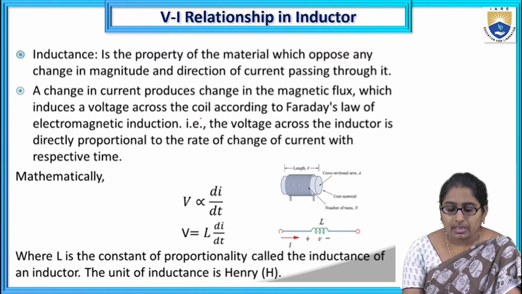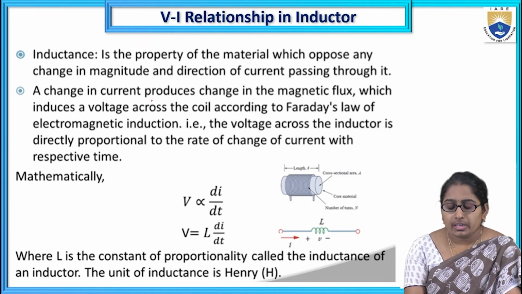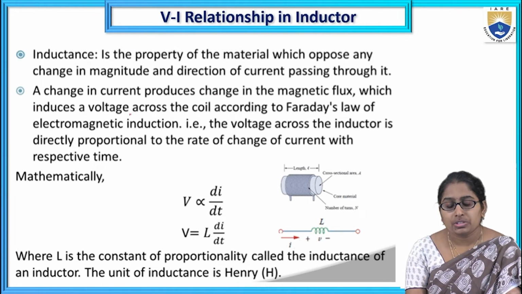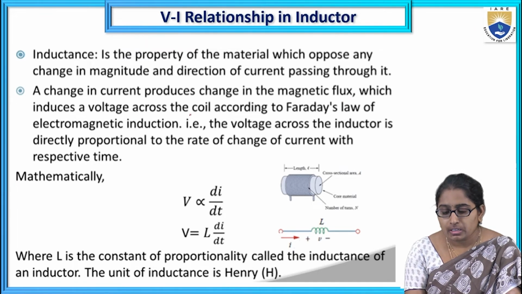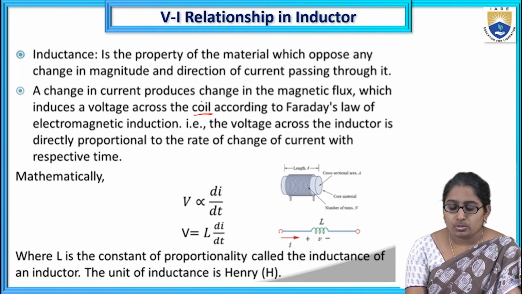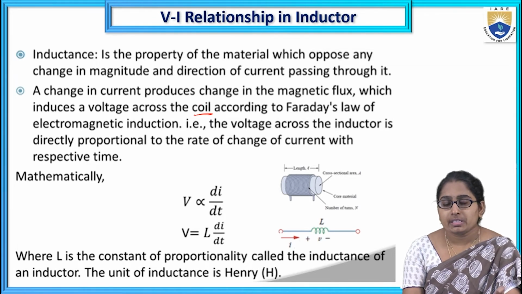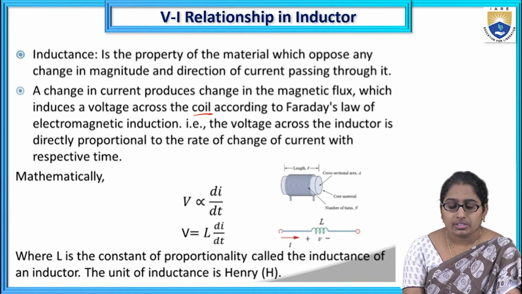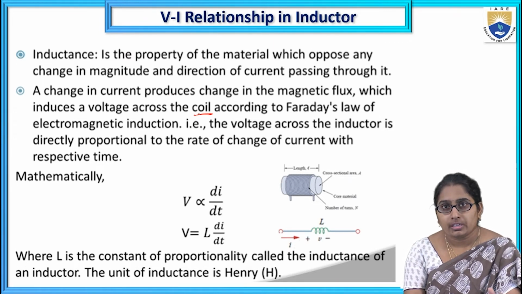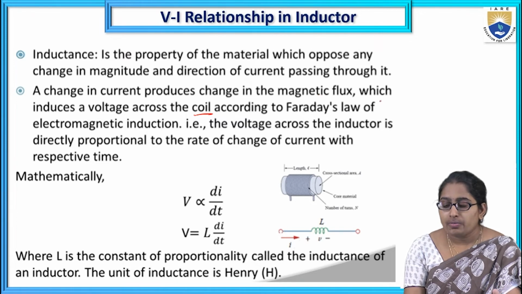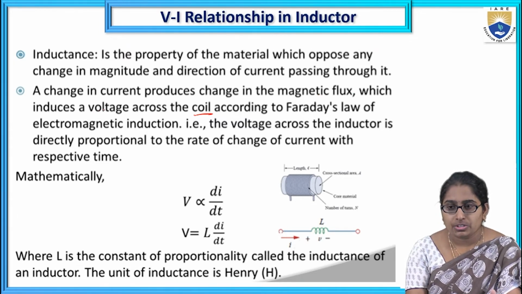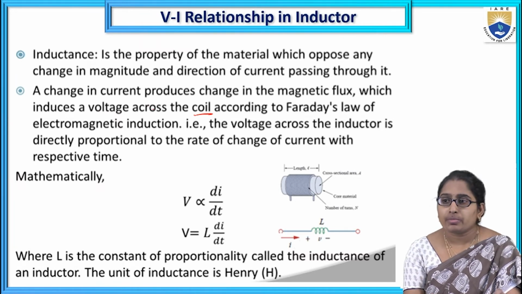A change in current produces a change in magnetic flux, which induces voltage across the coil. Coil means the inductor here.